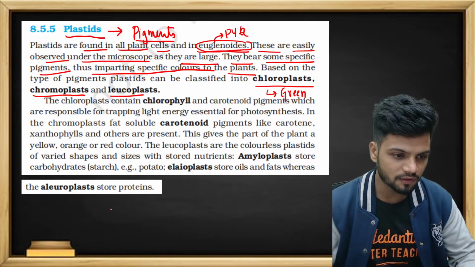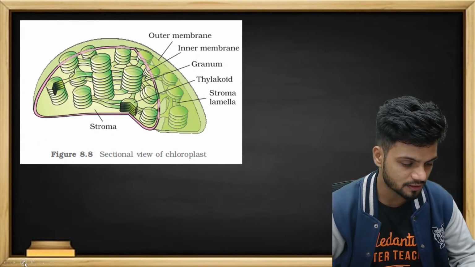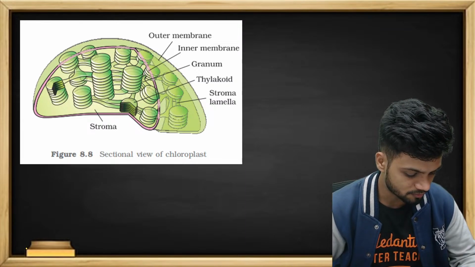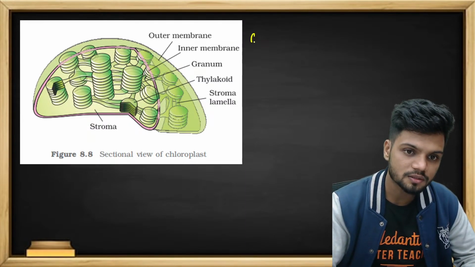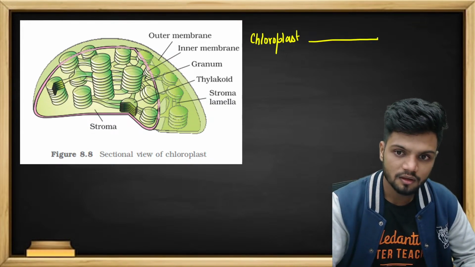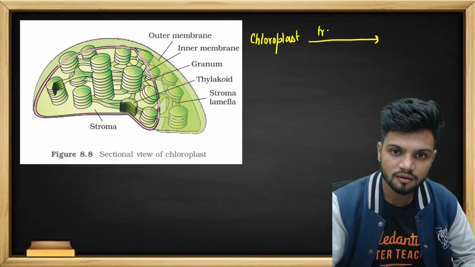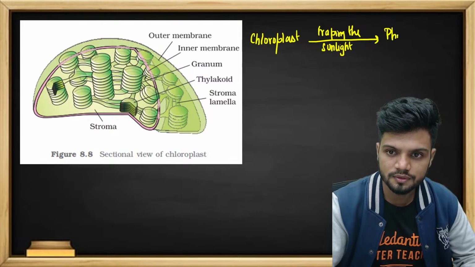Okay. Three different types. Is there space to write? Yes, there is space to write here. Understand, one by one, I'll tell you. First, we'll write chloroplast. Chloroplast, main function is trapping the sunlight, for photosynthesis.